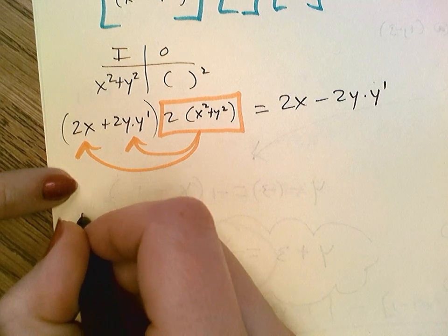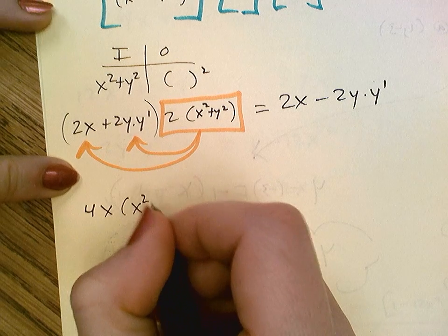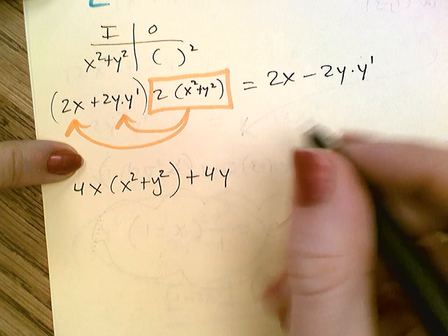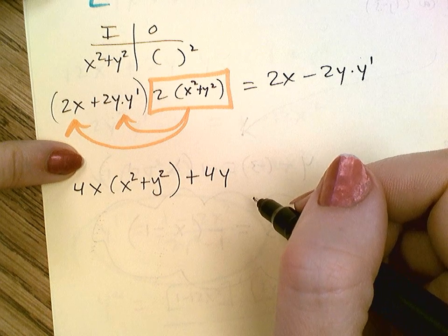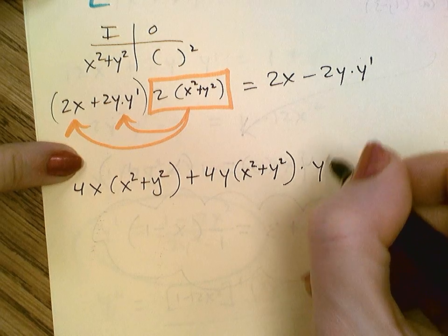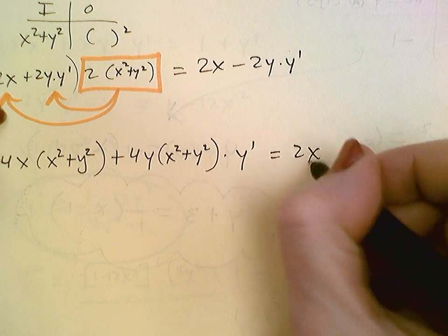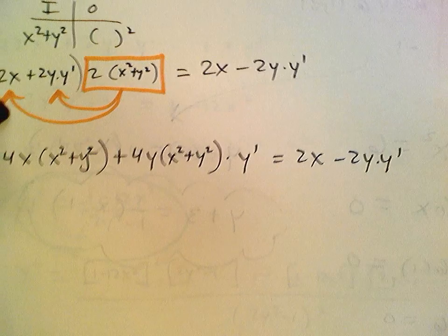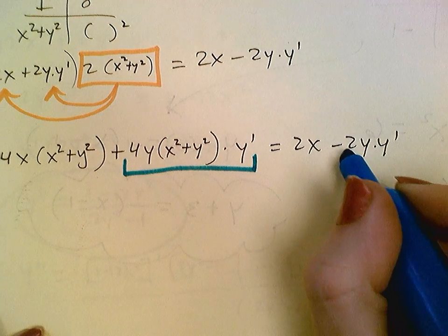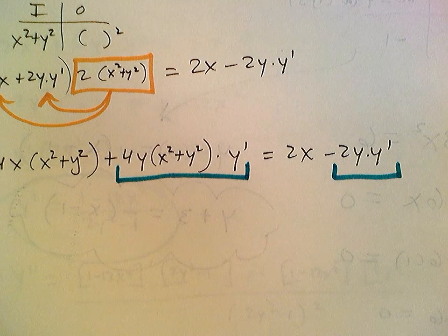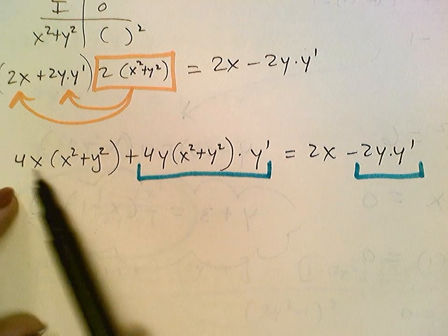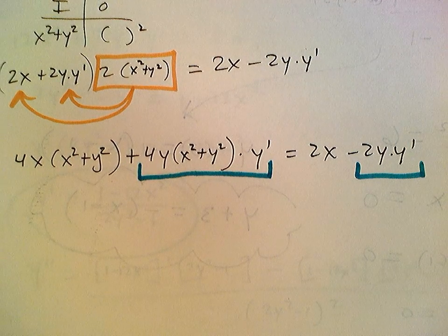So this is going to be 4x(x squared plus y squared) plus 4y(x squared plus y squared) times y prime equals... Now this is a y prime term and this is a y prime term, so I need those on the same side of the equation so I can factor out the y prime, and then I need the other stuff on the other side.